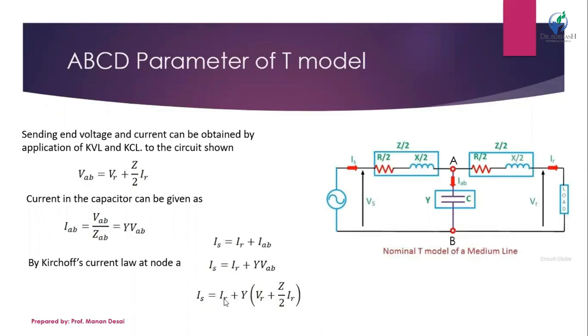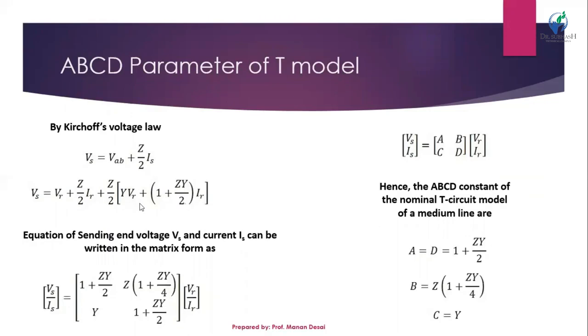The IS value is IR plus Y VR plus YZ by 2 IR. See here, Y VR plus (1 plus ZY by 2) IR. This is the IS value.